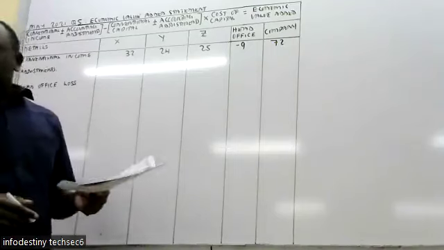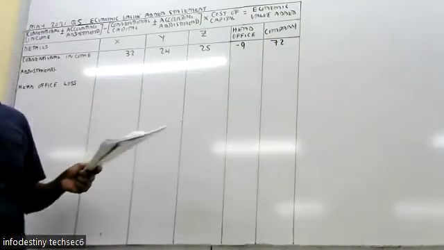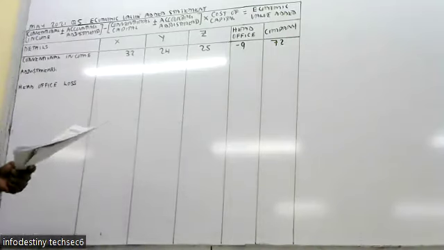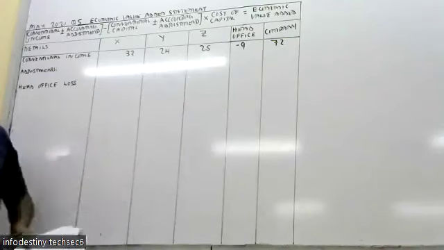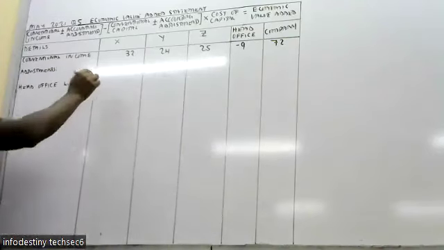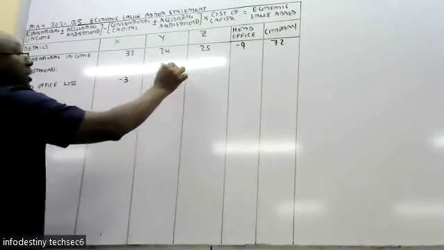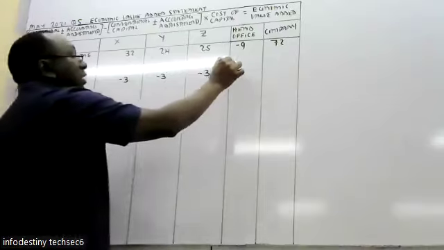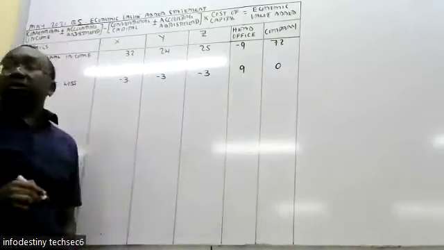Good. So now that we have -9 divided by 3, it will be -3 here, and -3, and -3, then you put 9 there so that we get a 0.